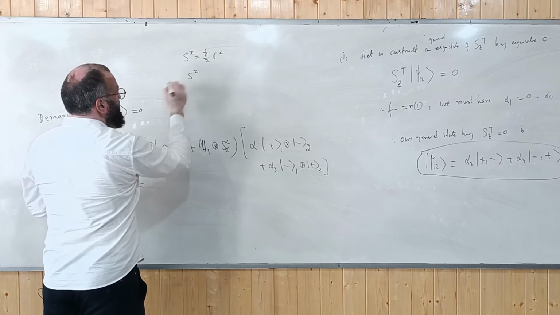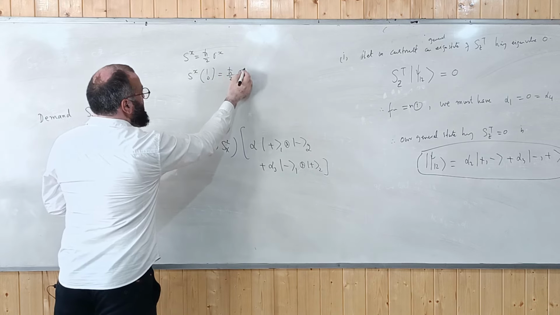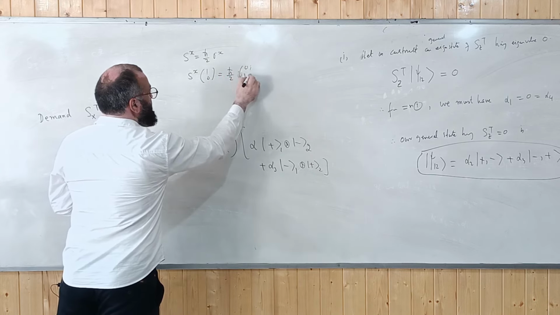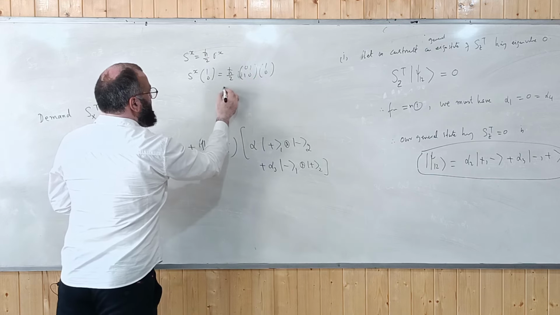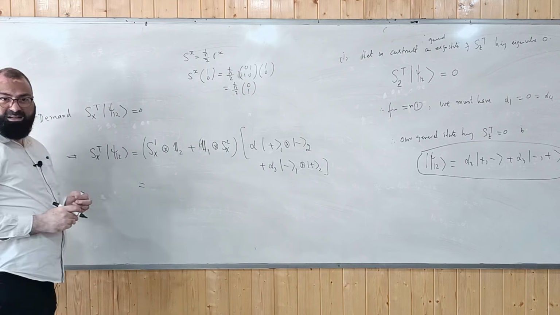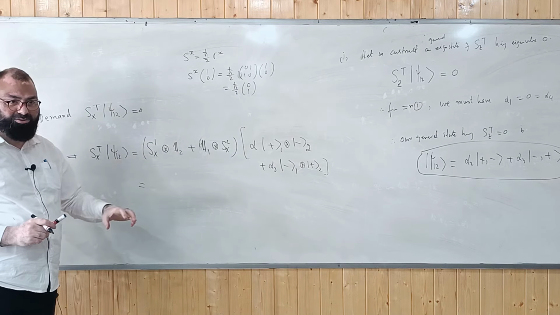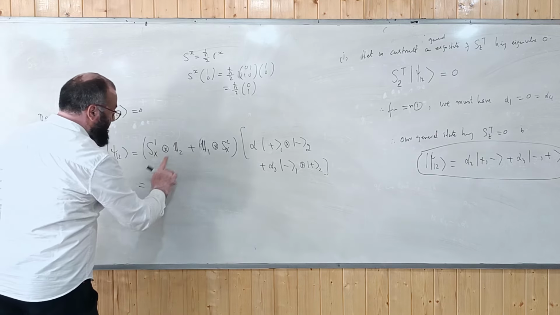Now apply Sx on, let's say, 1 0. So h cross by 2 sigma x, meaning 0 1 1 0, acting on 1 0. How much is that? 0 1. Clear? So that means it flips. Plus is going to minus, minus is going to plus. Okay, so let's apply.